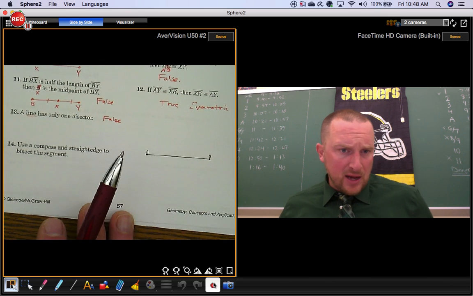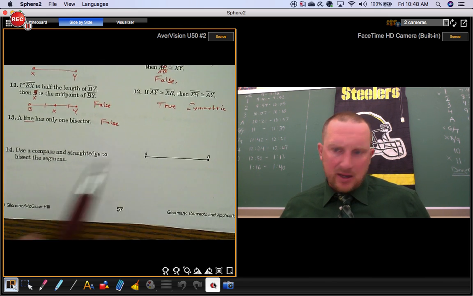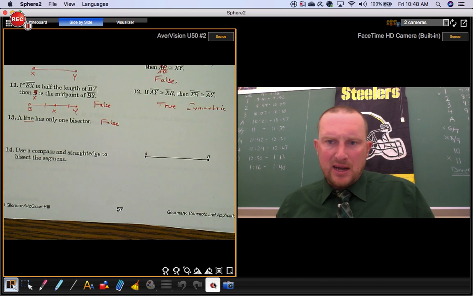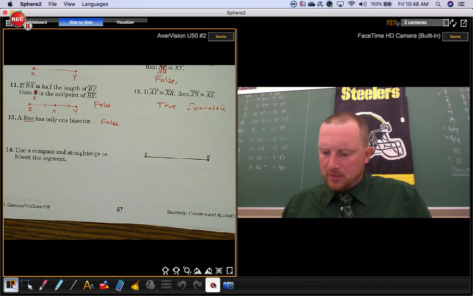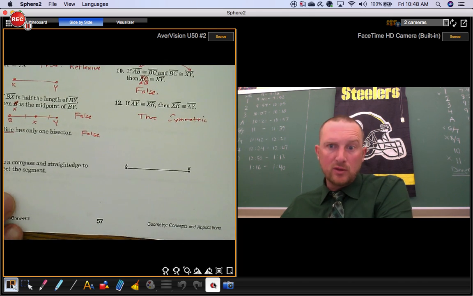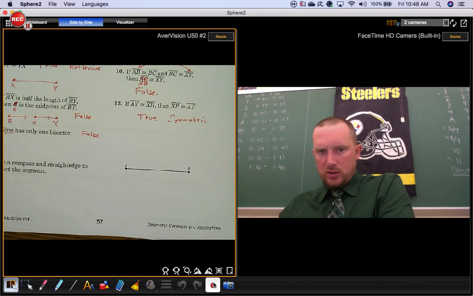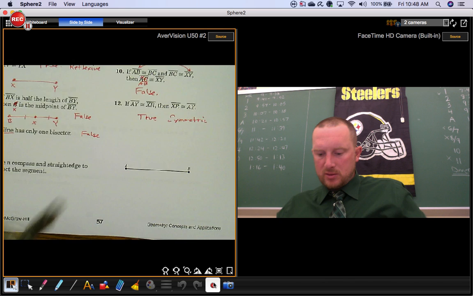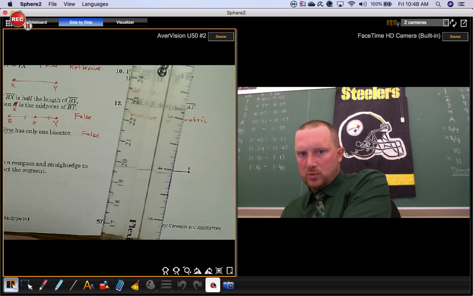Number 14, use a compass and a straight edge to bisect the segment. Now we did this in class for section 1.5. So if you are an online student, you didn't get to see that, but I'll show you right here. Here's a compass. This will work as a straight edge.